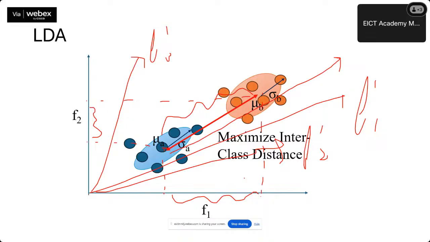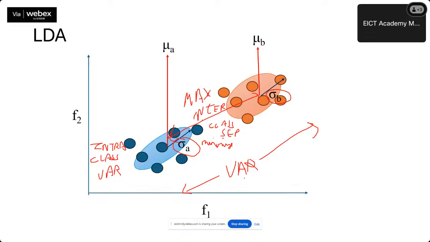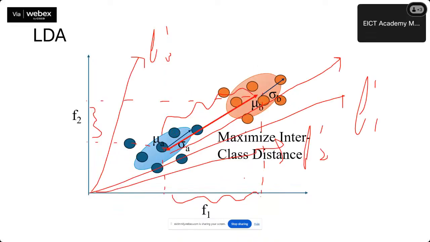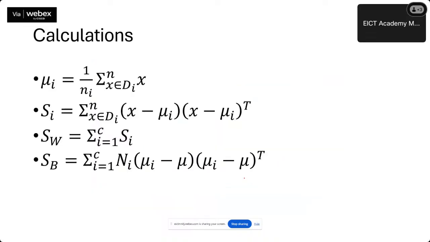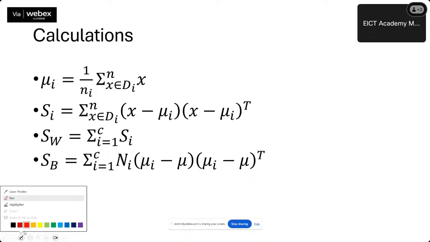I want to do a PCA, but my objective, instead of variance maximization, happens to be maximizing the distance between the classes and minimizing the variance between the data of the same class. And mathematically, it is very simple for me to do that. The mathematics is the easiest that you would actually think of.